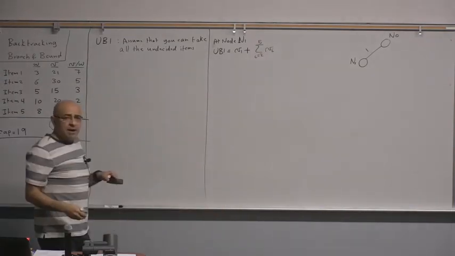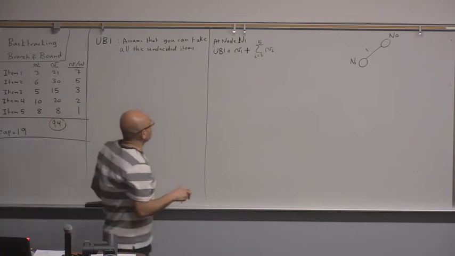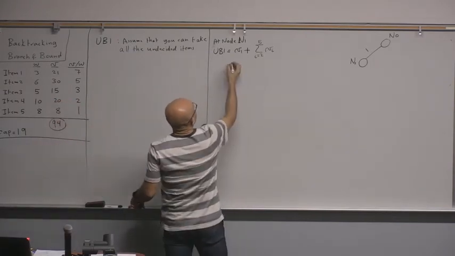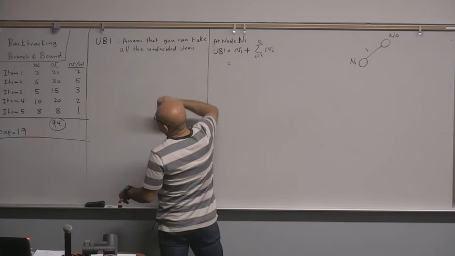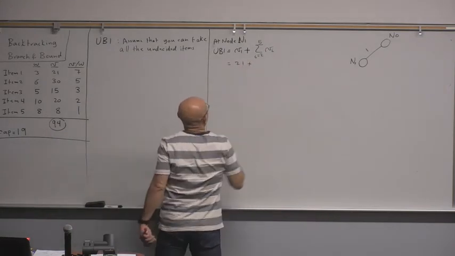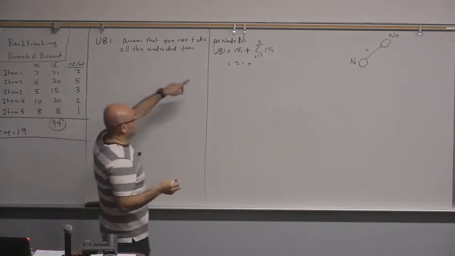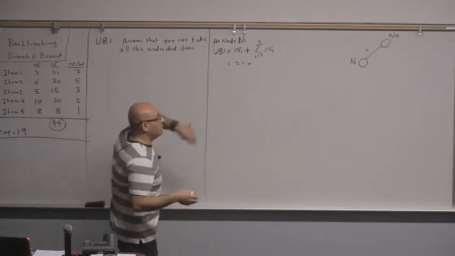The sum of the remaining items. So this upper bound just says I can take all remaining items. So here, this is going to be the value 21 plus the sum of values of remaining items. Well, it's going to give you the total sum of values.